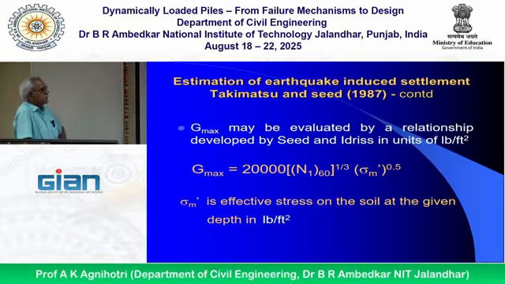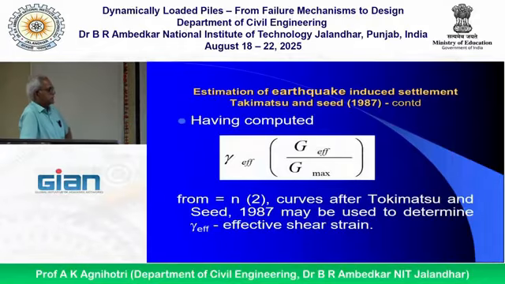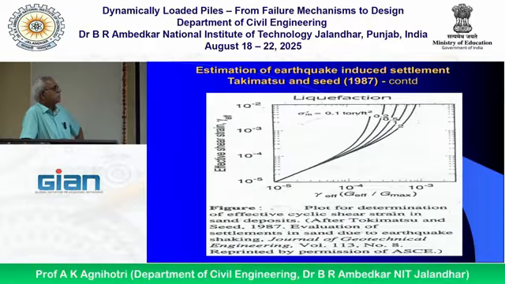Now having computed gamma effective times G effective on G max, the curves can be used. These curves are available. Corresponding to that you can calculate gamma effective, the effective shear strain.